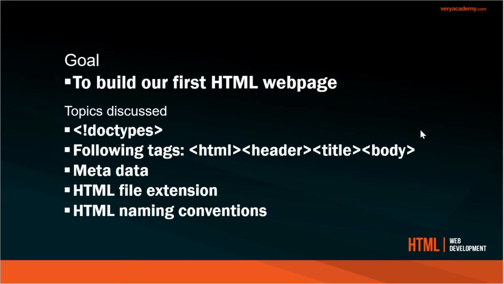Okay, so we built our first HTML page. We had a look in the browser and we looked through some of the tools that we had in the browser to view the code, and that can help us debug the code or add to the code to see how things might look if we change a few bits of code. We discussed the doctype. We utilized the HTML header, title, and body tags. I gave you a little introduction to metadata.